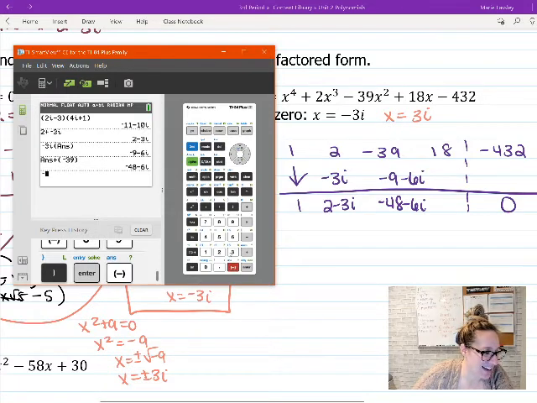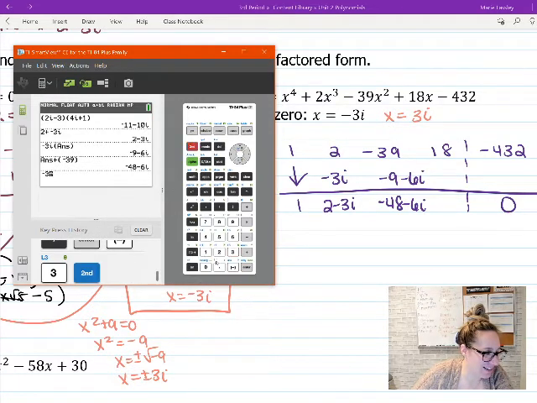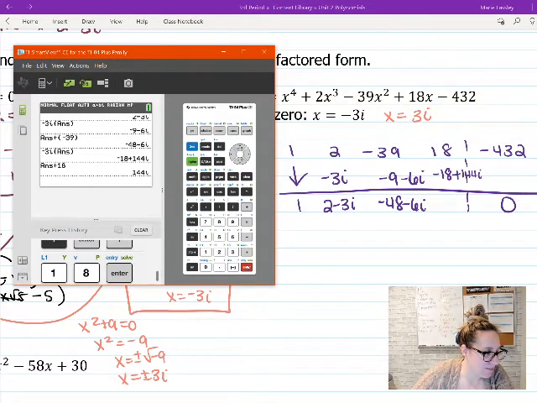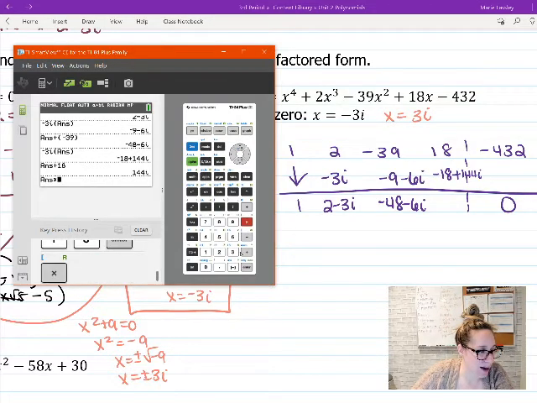So negative 3i times second answer, which is just negative 48 minus 6i, enter. I have negative 18 plus 144i. I'm running out of some space here, that's okay. Now I'm going to add 18. So I have 144i, and now I'm going to multiply that by negative 3i.